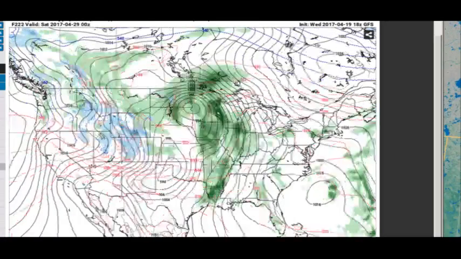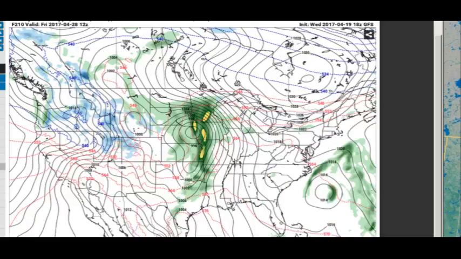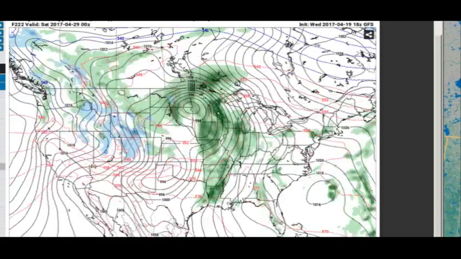And for Friday the 28th, it looks like that system is lifted to the north there. The warm front moving up into Missouri. Then we get another storm on the tail end there in the Texas Panhandle. It looks like a new front right there.